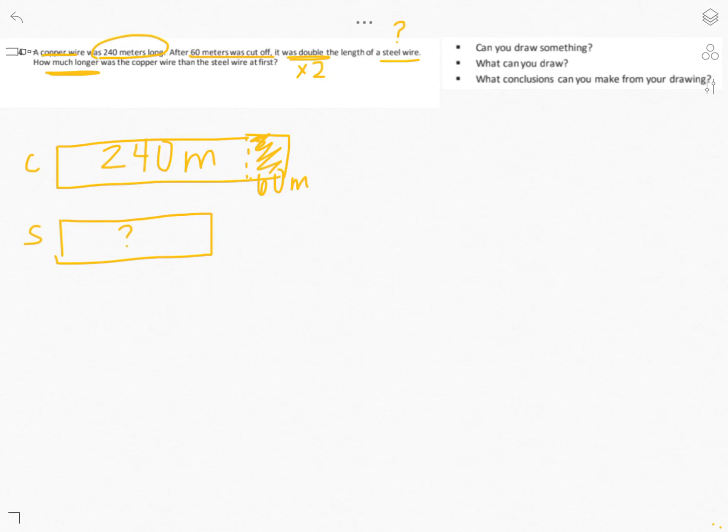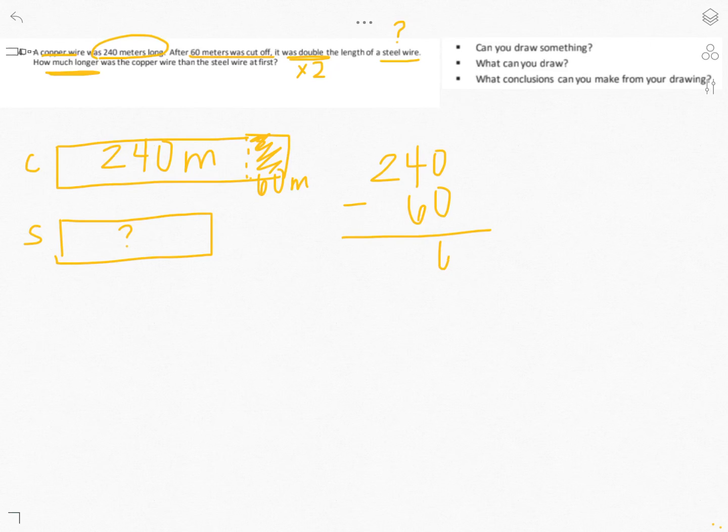So first of all, I've got to figure out, after my copper wire was cut, how long was it? So I'm going to take my 240, my original length, and I'm going to subtract the 60 meters that was cut off of it. When I subtract, I look at my ones place first.